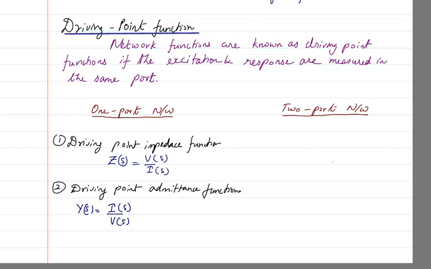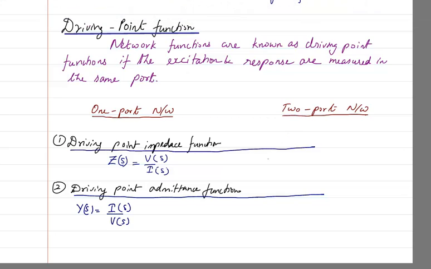Whereas when we are coming to the two-port network, what is going to be the driving function? See, this has to be taken for the whole, and this also has to be taken for the whole.